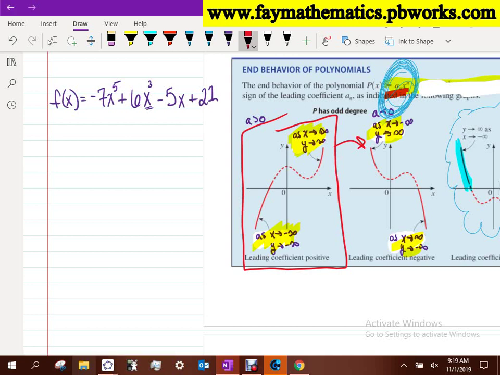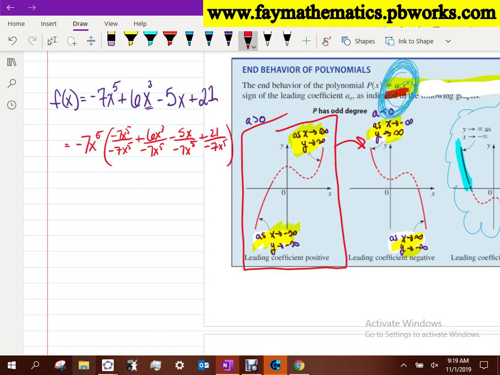So what I'm going to do is rewrite f of x conveniently. I'm going to divide everything by negative 7x to the fifth. If I divide everything by negative 7x to the fifth, is that the same thing as factoring a GCF of negative 7x to the fifth out? So when I do that, it's negative 7x to the fifth over negative 7x to the fifth, plus 6x cubed over negative 7x to the fifth, minus 5x over negative 7x to the fifth, plus 21 over negative 7x to the fifth.